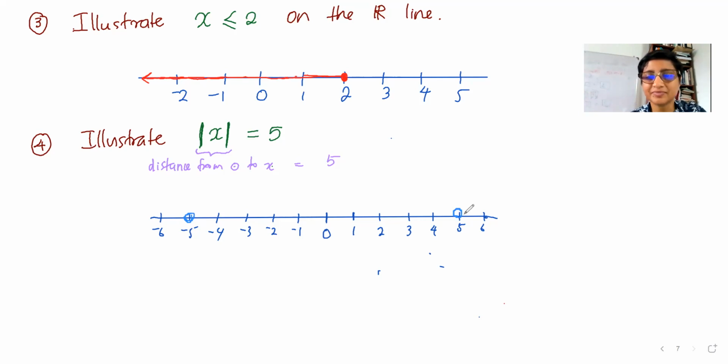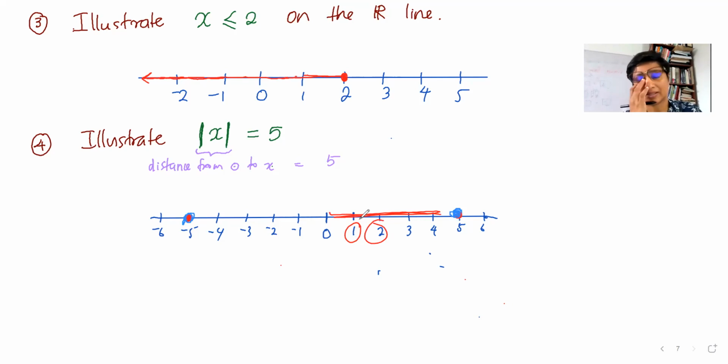Okay. So only the number 5 is 5 units away from 0, and also minus 5 is 5 away from 0. Nothing else is 5 away from 0. Is 1 five units away from 0? Is 2 five units away from 0?